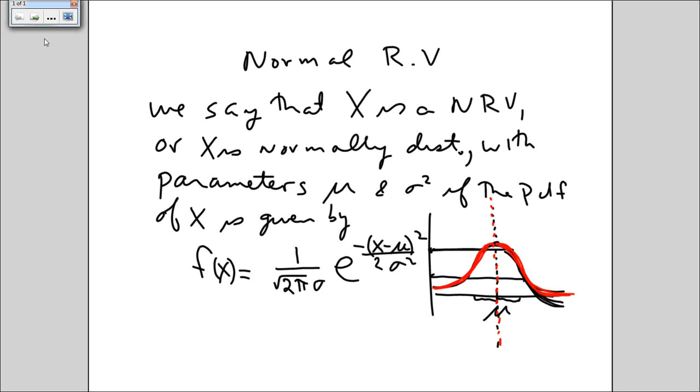Symmetrical. This is the normal distribution. The PDF is that complicated looking function. I guess I should have said that X can go from negative infinity to infinity.